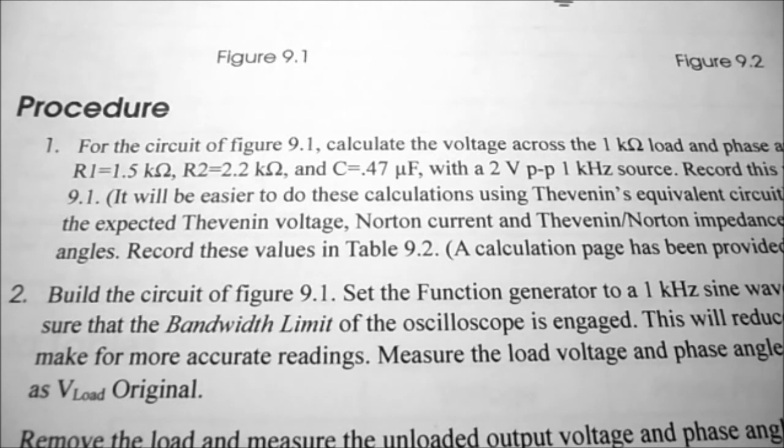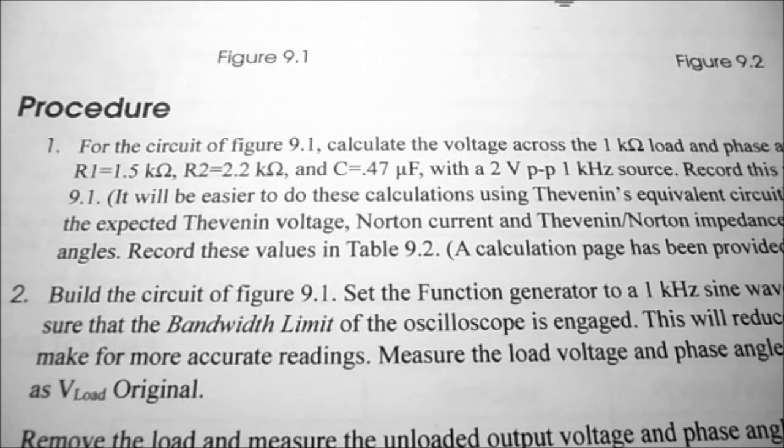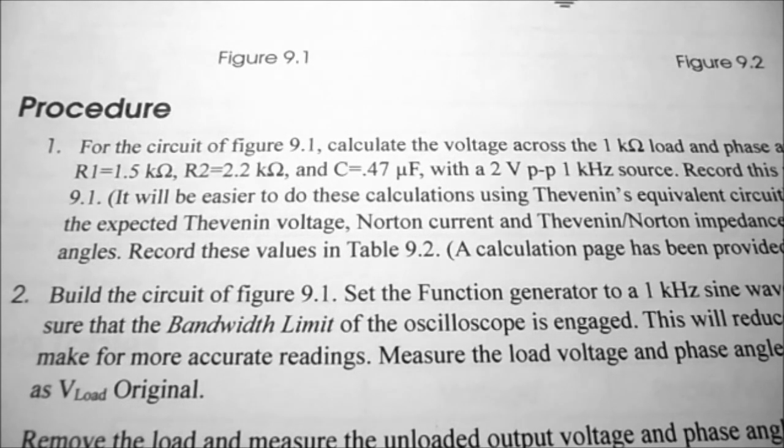Note it will be easier to do these calculations using Thevenin's equivalent circuit. We're also to calculate the expected Thevenin voltage, Norton current, and Thevenin-Norton impedance with phase angles. We're to record these values in table 9.2. A calculation page has been provided for you.